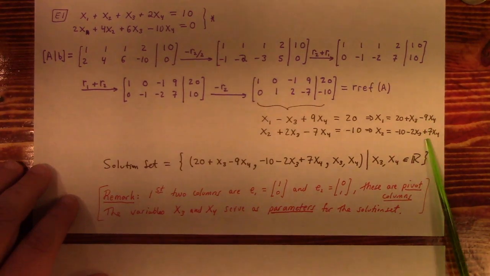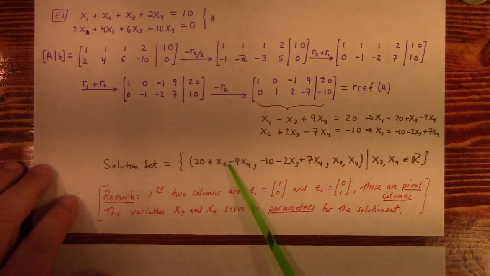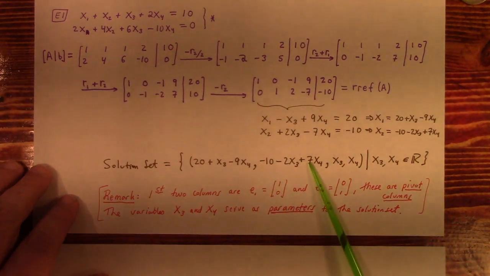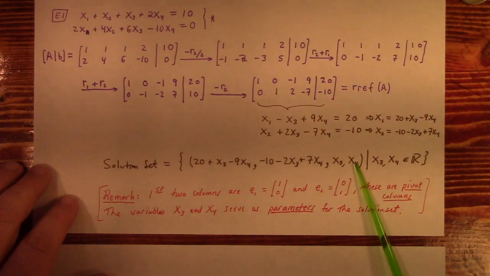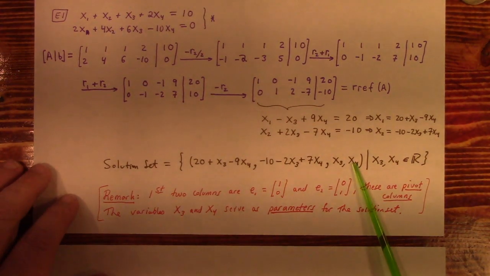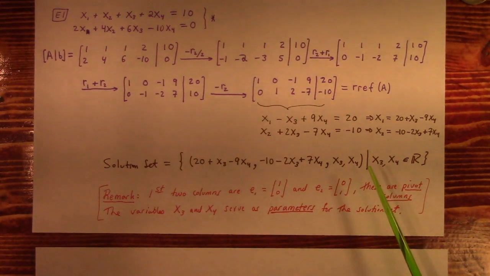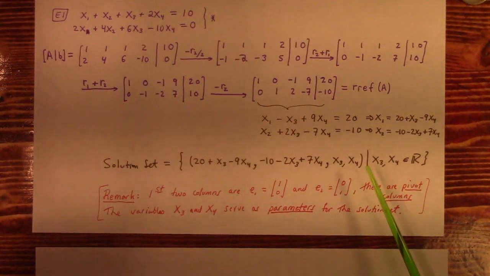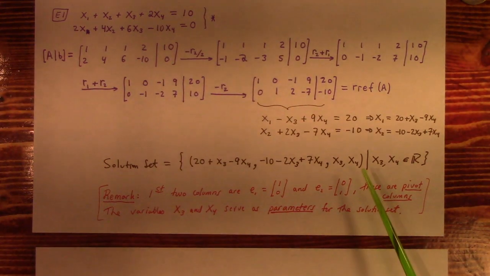And it gives me this and that. And so my solution set, I put the formula for x1 here, I put the formula for x2 there, x3 and x4 are what are called parameters here. They're free parameters of the solution. In other words, this solution is what you'd call a two-dimensional solution. It's got two free parameters. So geometrically, the solution set's like a plane in 4 dimensions.